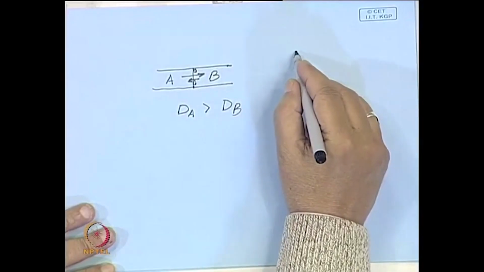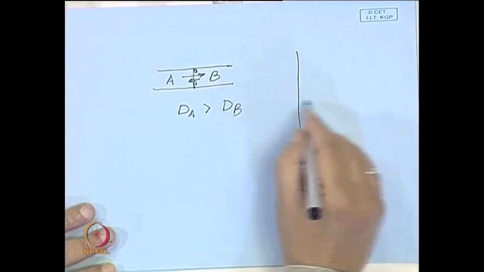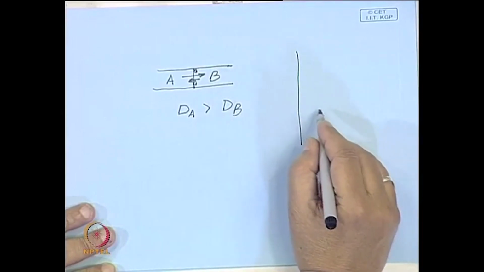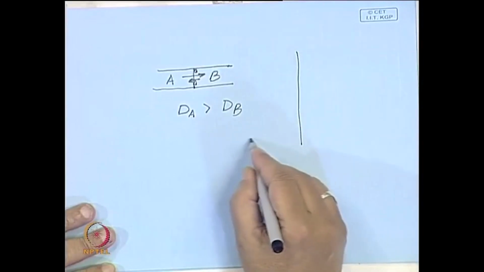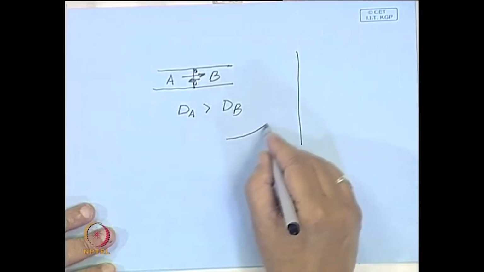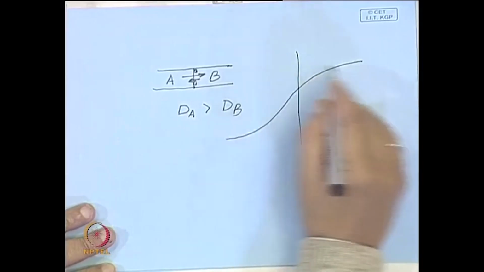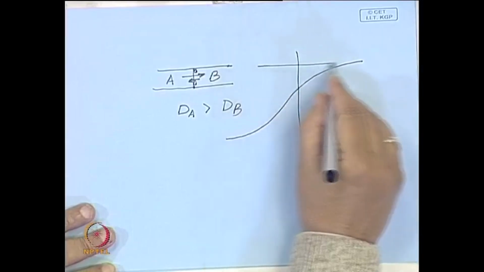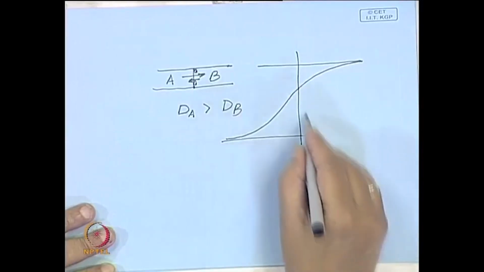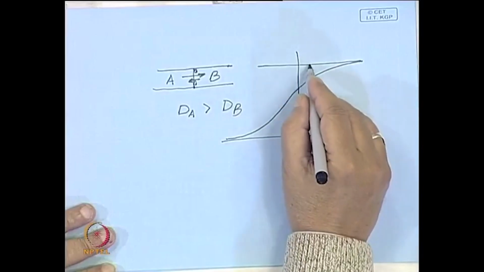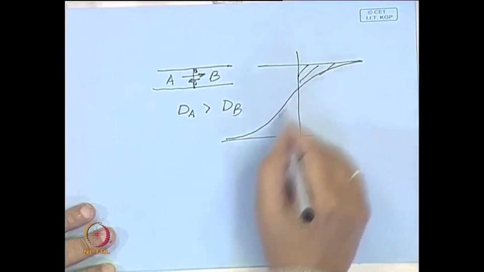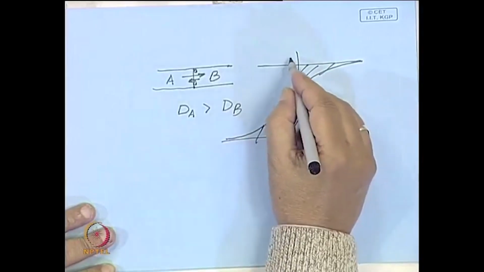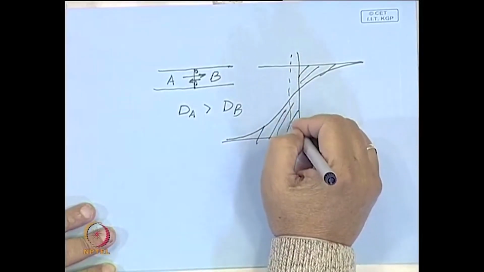So what you see here in this case, if you draw the concentration profile, you will possibly get a profile like this, and let us say that this is the Matano interface. The Matano interface is the one where this area and this area are equal, and the marker position is this.